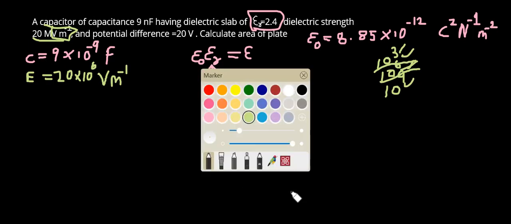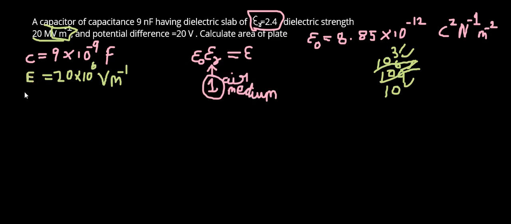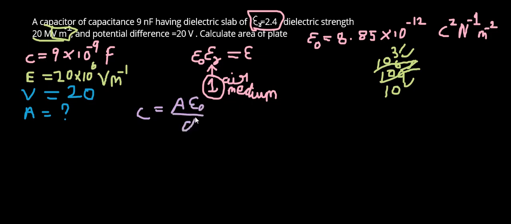So the potential difference is given as 20 volt. We have to find the area of the plate. Since the value asked is the area, we can use this formula: C is equal to A epsilon naught by D. We know that Q is directly proportional to V. This is charge and this is the potential difference provided to the capacitor.